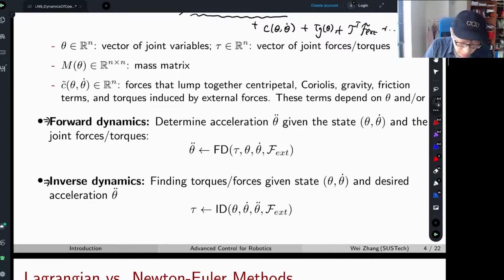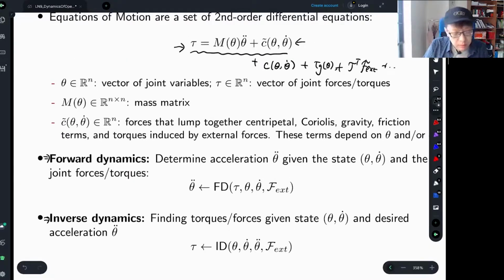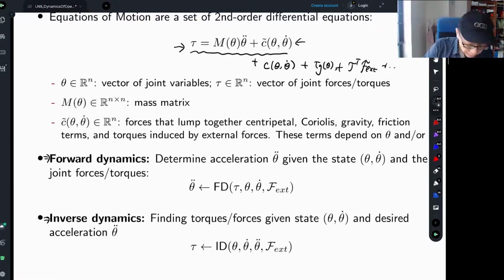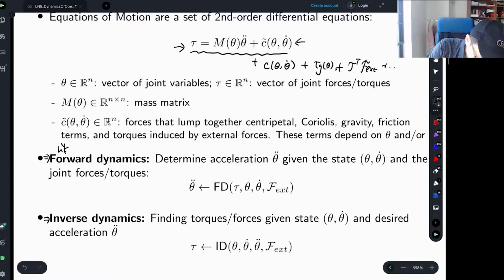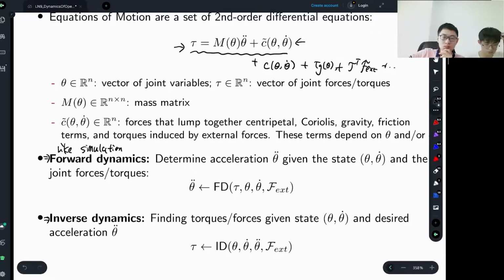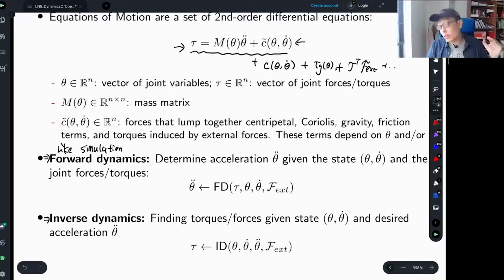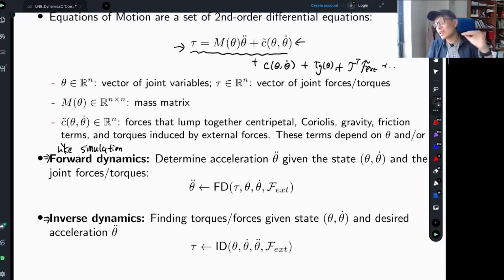The key thing I want to emphasize, when you talk about dynamics, especially in robot systems, is forward dynamics. This is almost like a simulation. What do I mean by forward dynamics? Everything is working forward in time. It's a causal behavior.